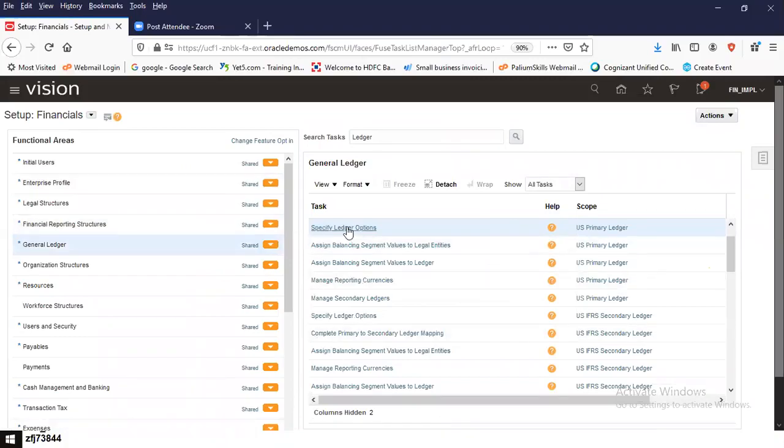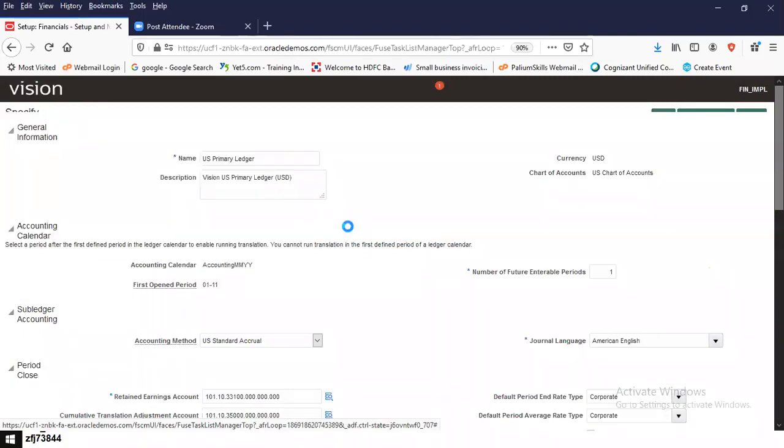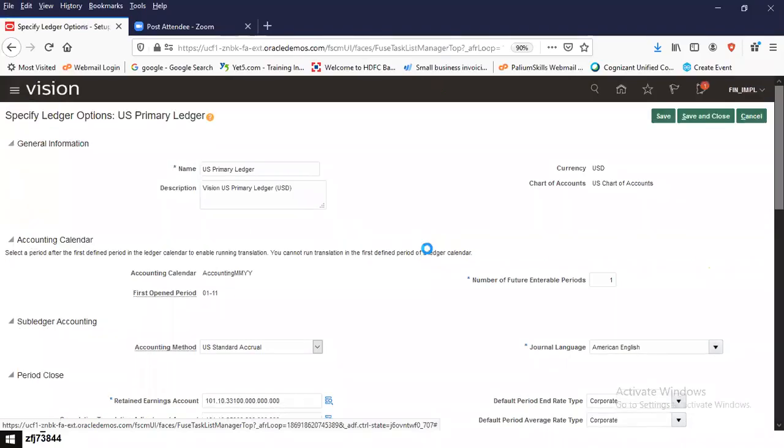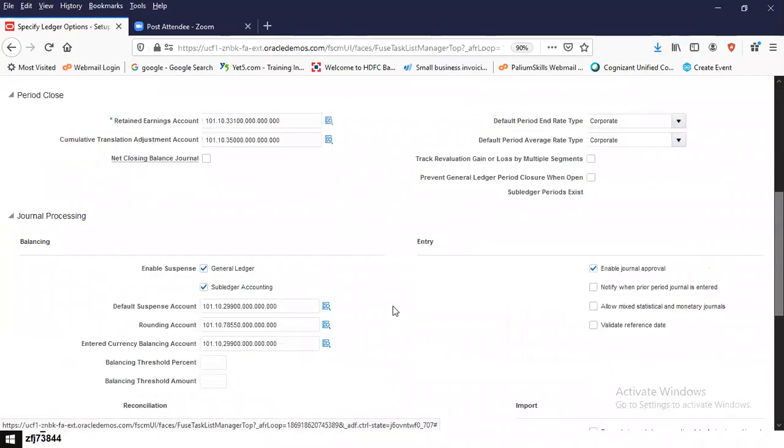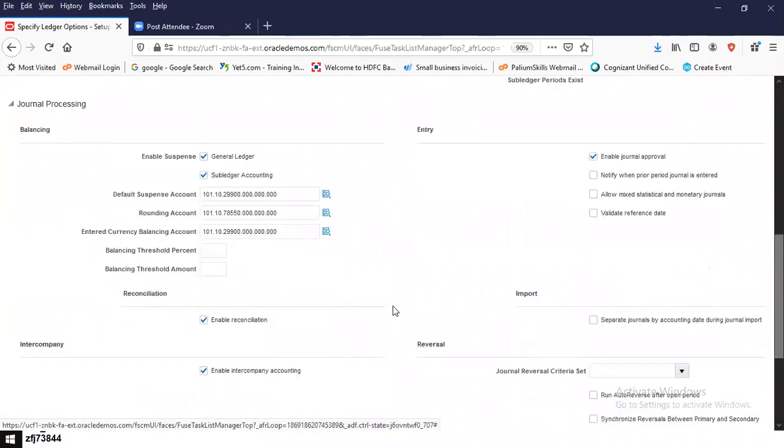So if we go to the ledger options, see there is a section which says enable intercompany accounting. If it is enabled, then those automatic intercompany journals will be created.